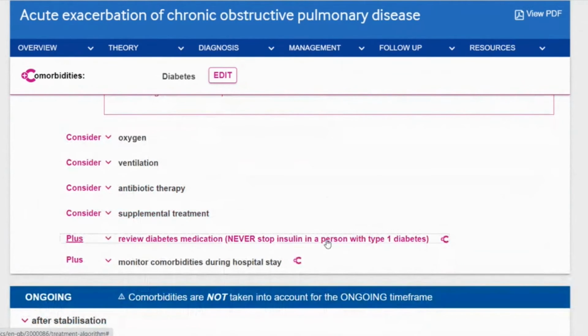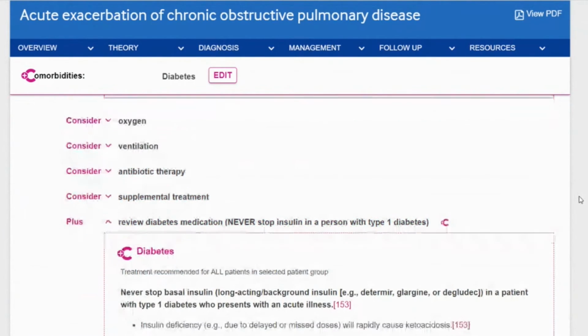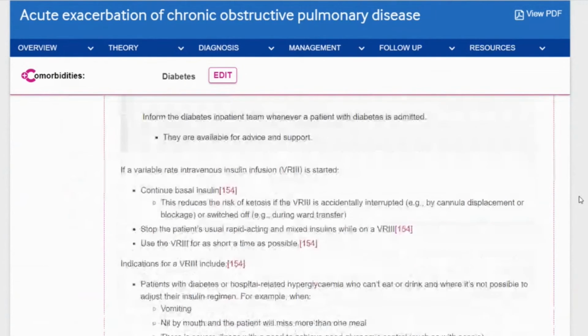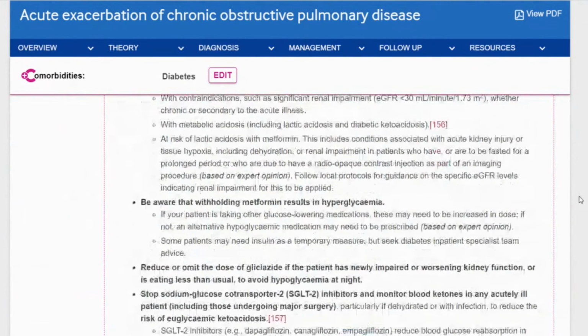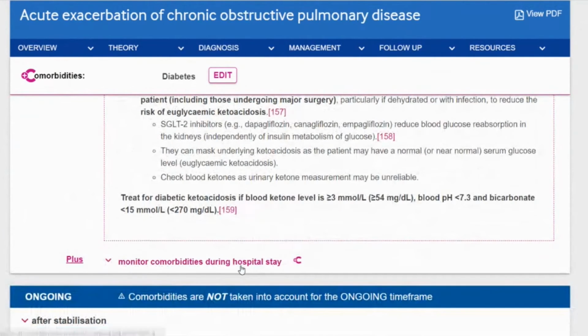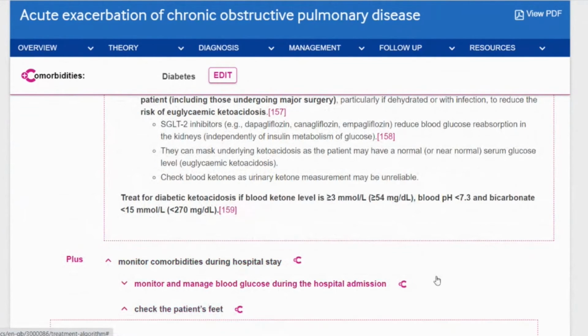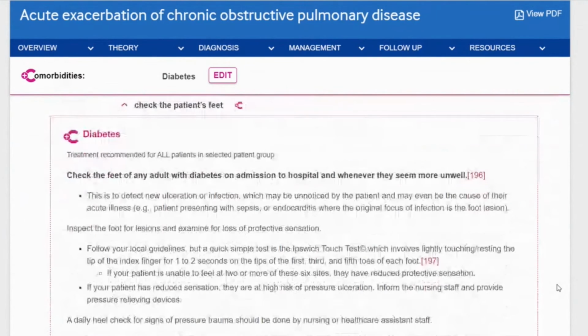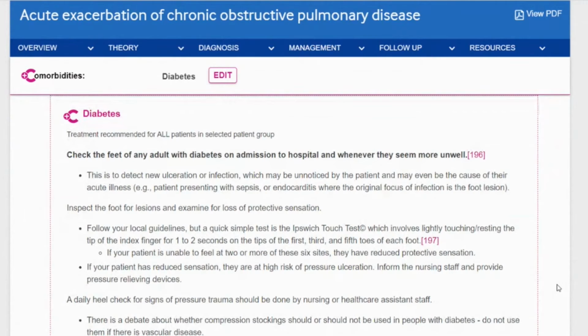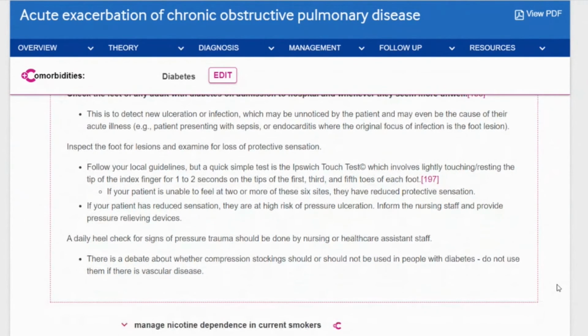The C icon appears here: review the patient's diabetes medications and withhold metformin if they develop renal impairment. And lastly, all important, check the patient's feet so that you can ensure they get a pressure relieving mattress if that's required, and also that they don't develop a pressure ulcer.